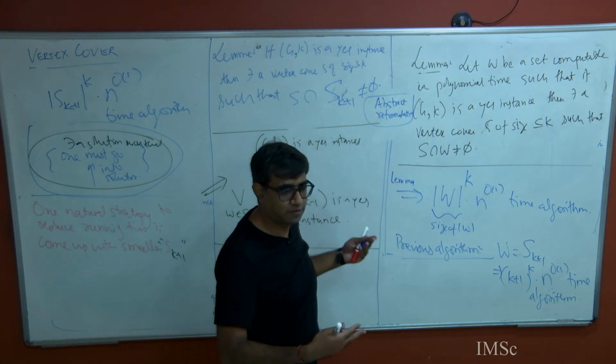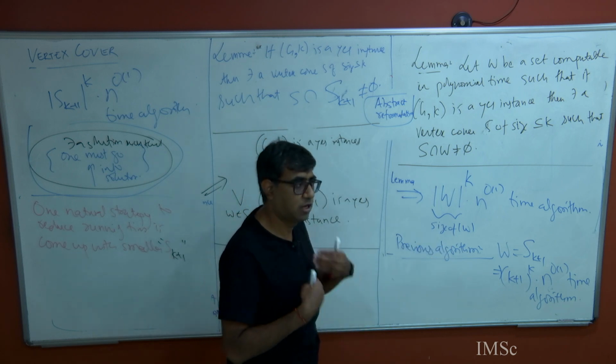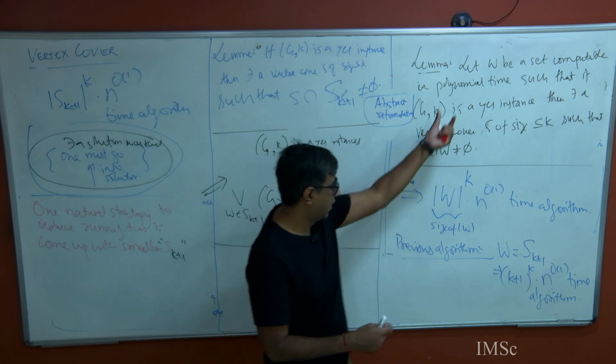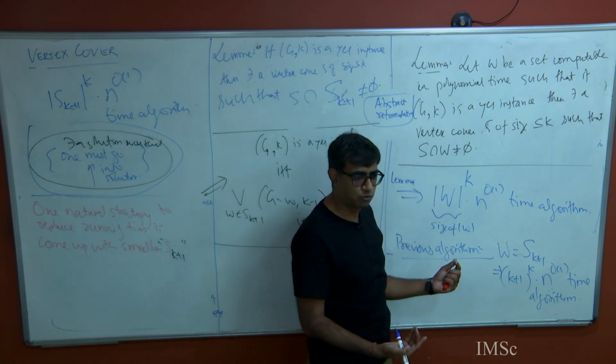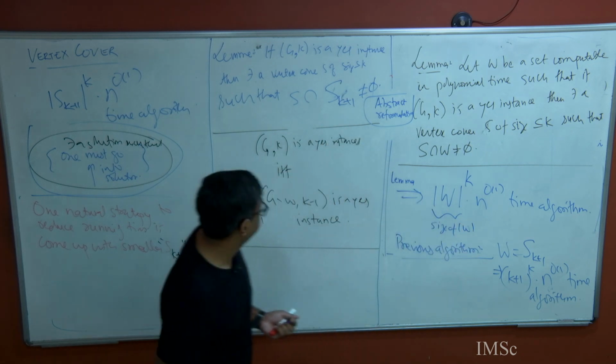So why is it useful? Because now we can forget about degree, and if we want to reduce the running time, all we have to do is find W as small as possible.